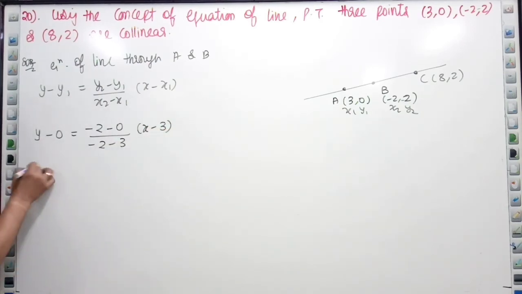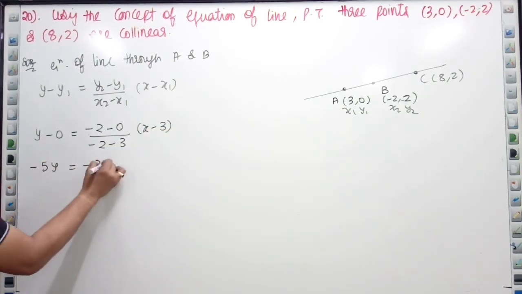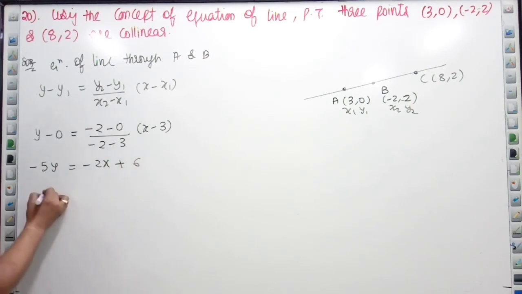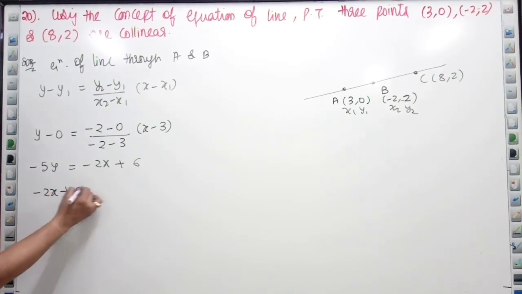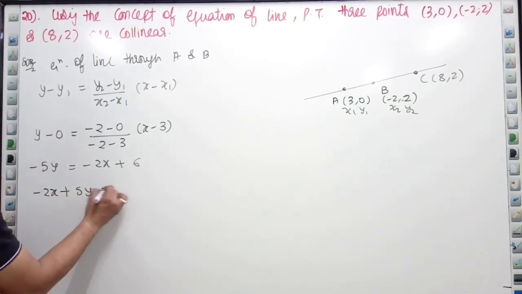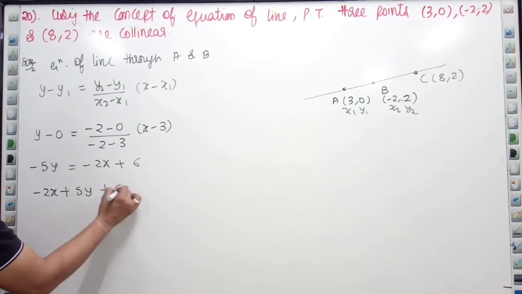So this is minus 5y equals 2x minus 6. So I can write minus 2x plus 5y plus 6 equal to 0.